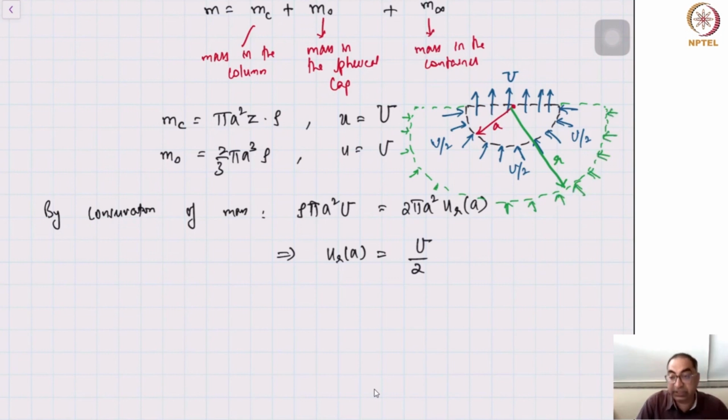We're making an assumption that the fluid is entering in a spherically symmetric fashion.